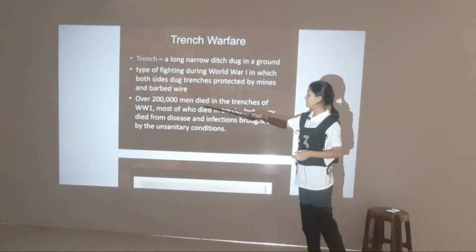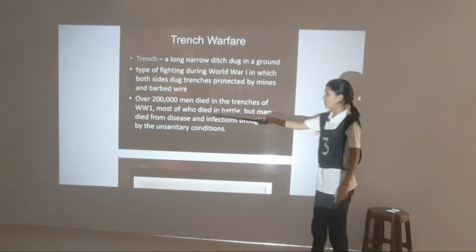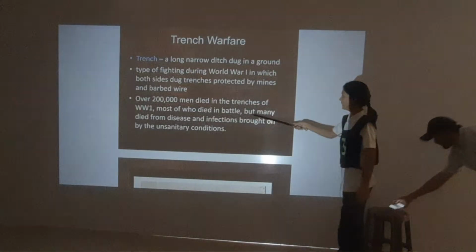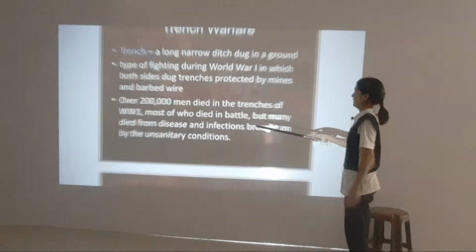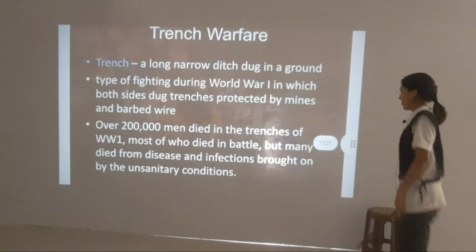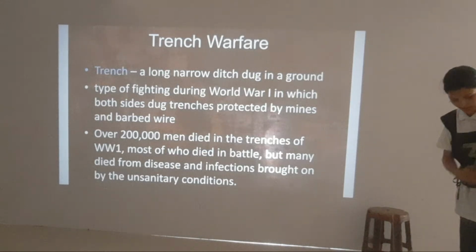As you can see from the figure, 200,000 men died in the trenches in World War I. Most who died in battle, but many died of diseases and infection brought by the unsanitary conditions.